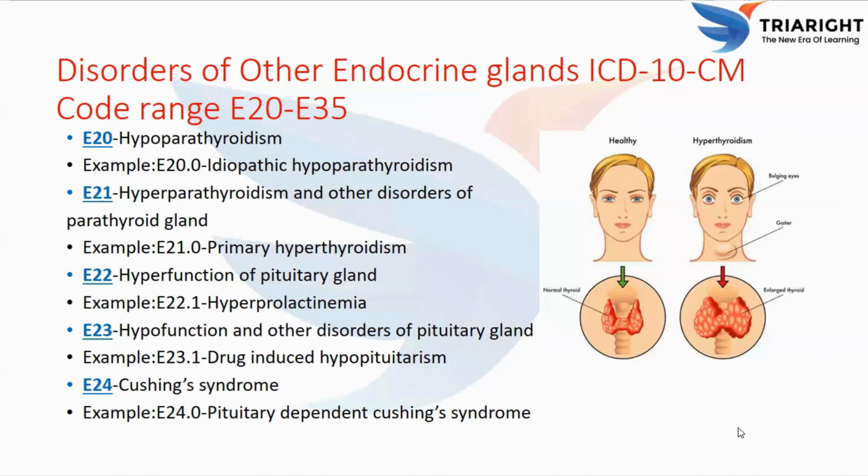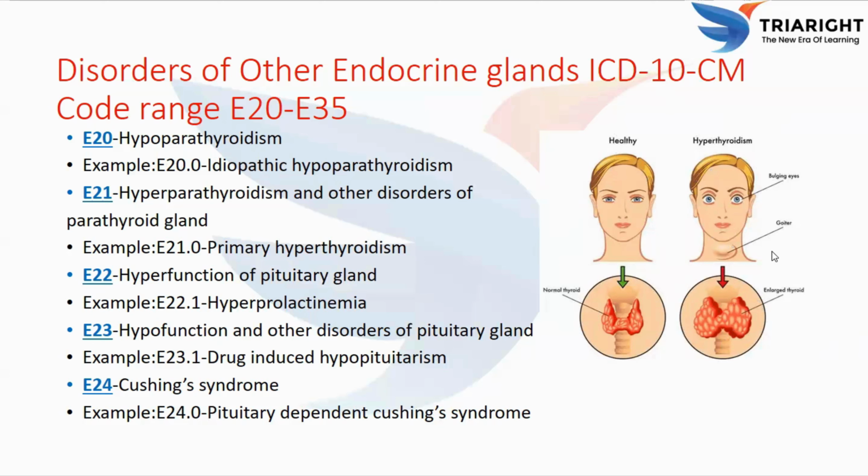Here you can see the picture on the right side of the slide. This is the healthy thyroid gland and this is the hyperthyroidism condition. In the healthy thyroid gland, the gland size and hormone levels are normal. Whereas in hyperthyroidism, the thyroid is enlarged and the eyes are bulging. Why are the eyes bulging?